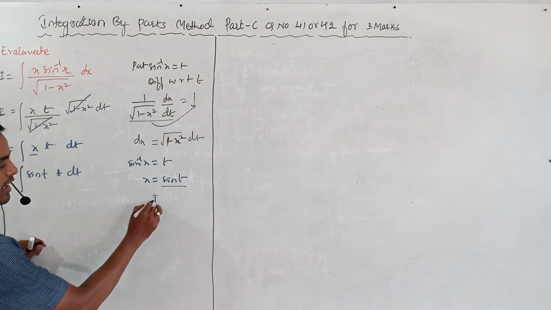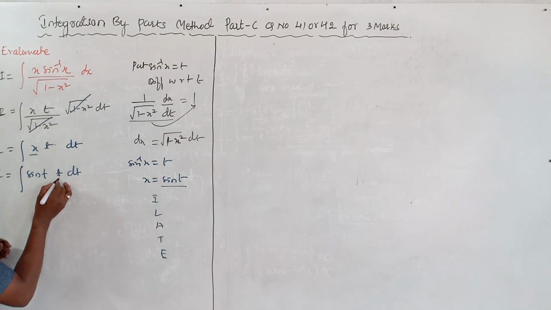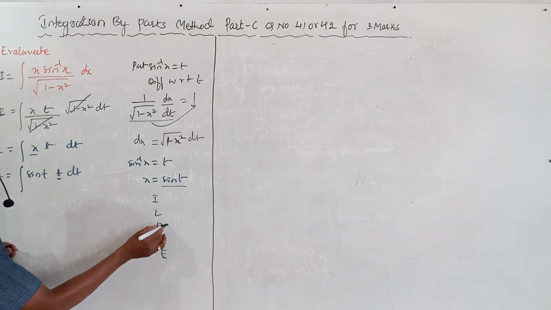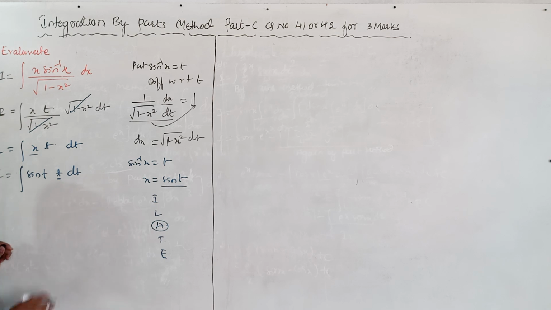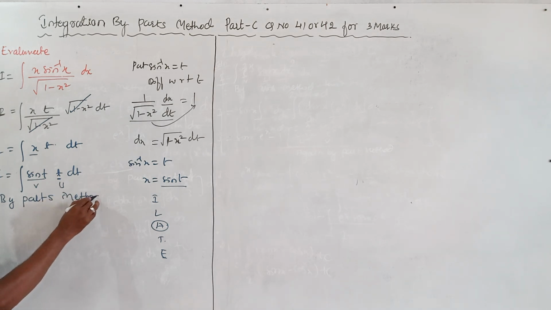Now applying the ILATE rule. Here t is algebra. Algebra comes before the trigonometric function, so this is u and this is v.